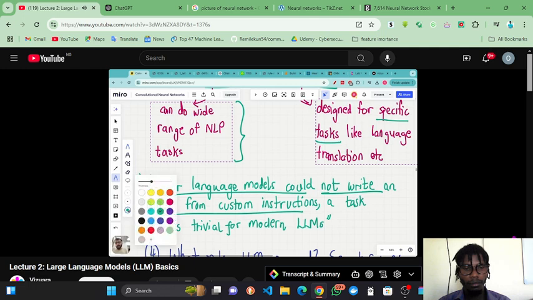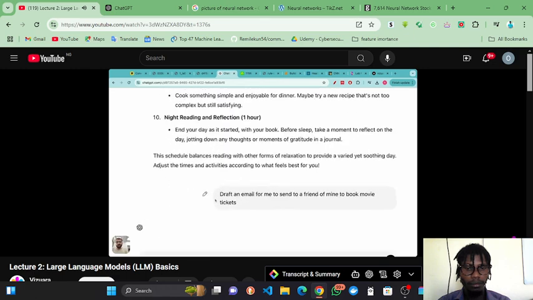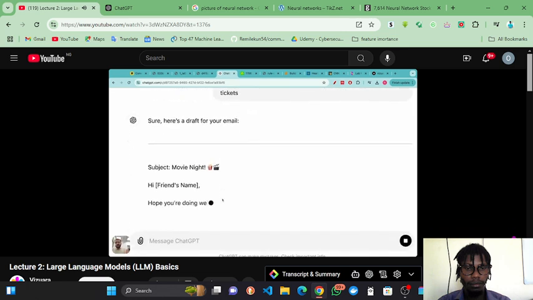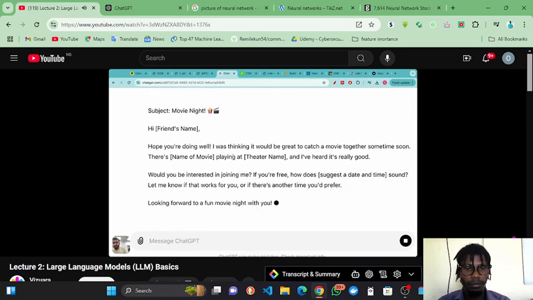Now, for modern LLMs such as ChatGPT, this task is almost trivial. If I go to ChatGPT right now and say, draft an email to send to a friend of mine to book movie tickets, and I zoom in here, ChatGPT not only starts drafting the email but it also inserts emojis and everything.